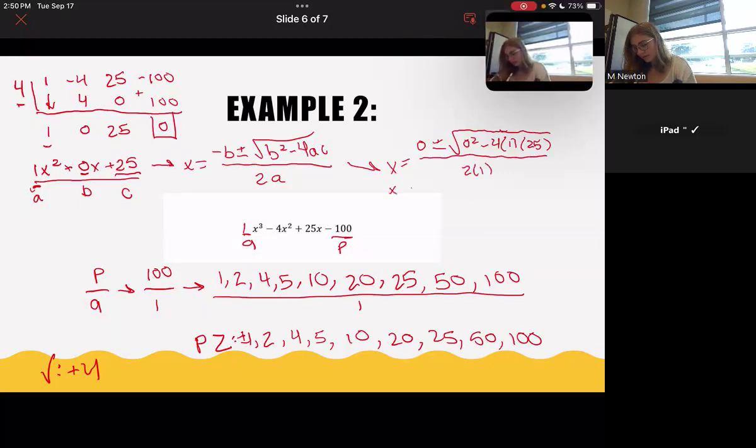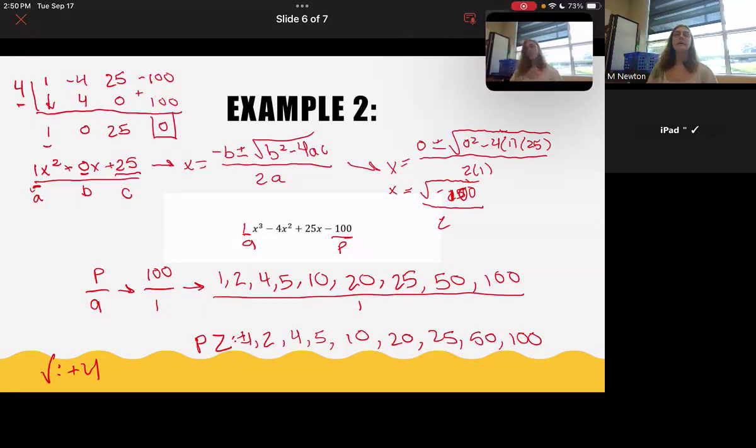This simplifies to x equals the square root of -100, sorry, -100 over 2.